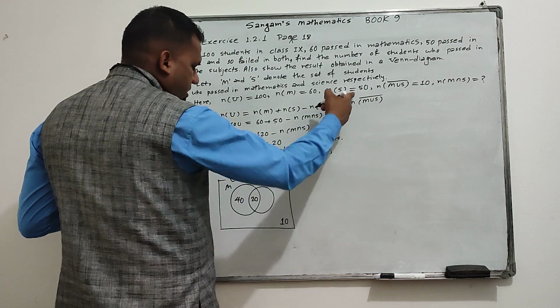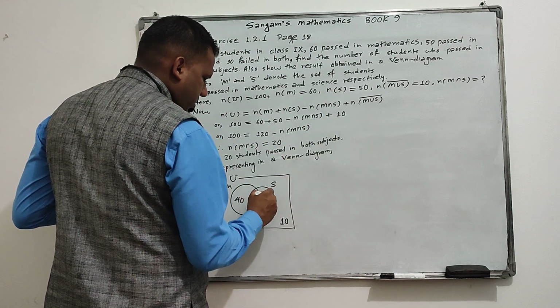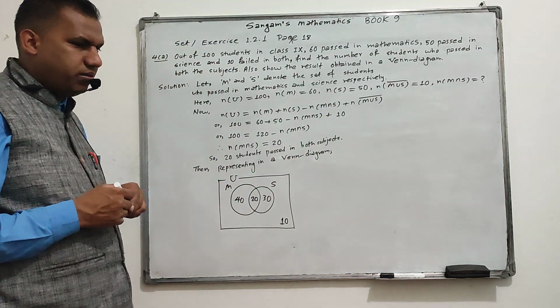The number of only S is 50 minus 20, remaining 30. This is the required Venn diagram.